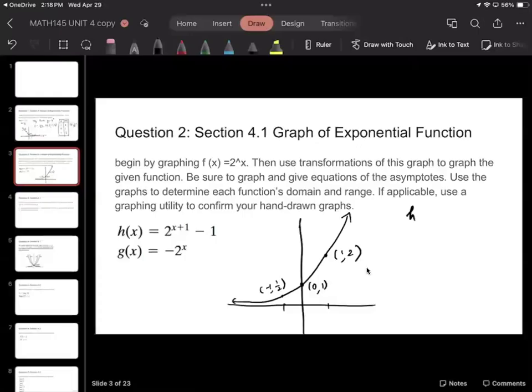Now, if you look at h of x, the transformation is that the graph has moved to the left by 1 unit. How do I know that? It's because of this. It's moved to the left by 1 unit. And this tells me that it has moved down by 1 unit, which means from all the x values I subtract 1, and from all the y values I also subtract 1. So the first point will become -2, -1/2, somewhere here.